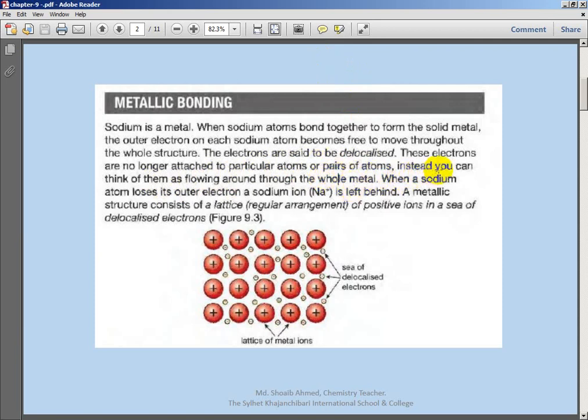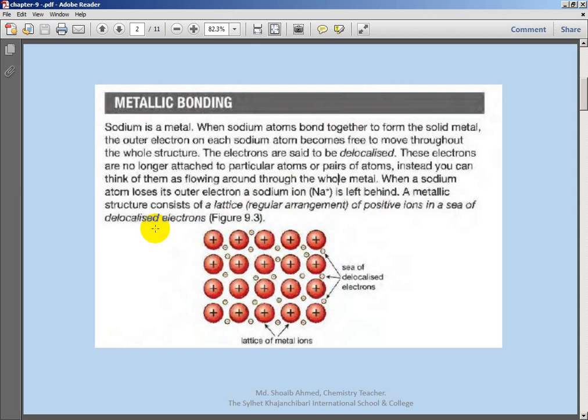Instead, you can think of them as flowing around through the whole metal. When a sodium atom loses its outer electron, a sodium ion is left behind. A metallic structure consists of a lattice, a regular arrangement of positive ions, in a sea of delocalized electrons.